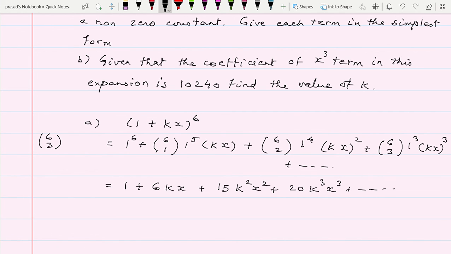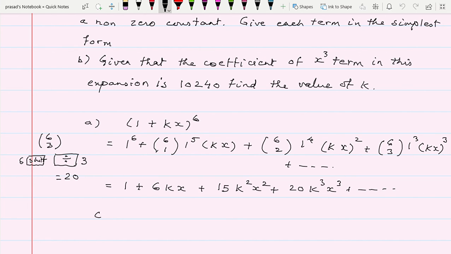Tell me how will you do it? First press 6, then press the shift key, then press the division key, because on top of the division sign you'll see the combination nCr, and then press 3 and the equal sign. That will give you the value of 6C3 as 20. So these are the four terms in the expansion.